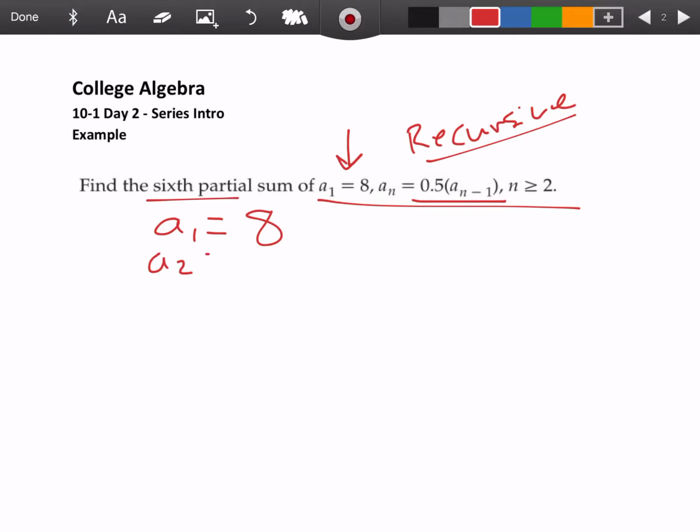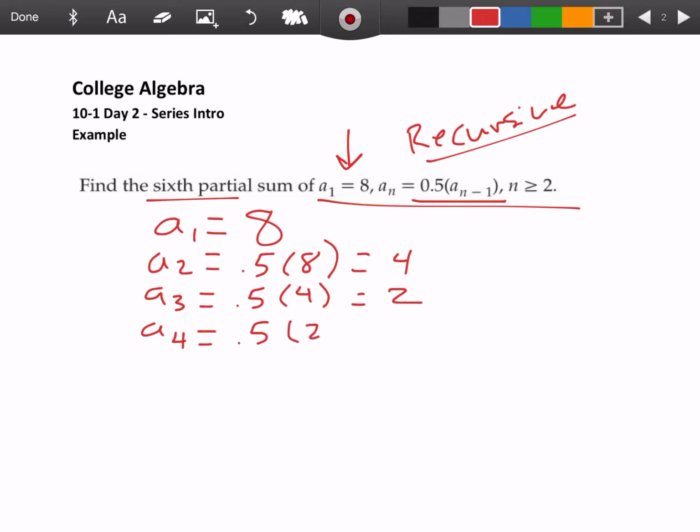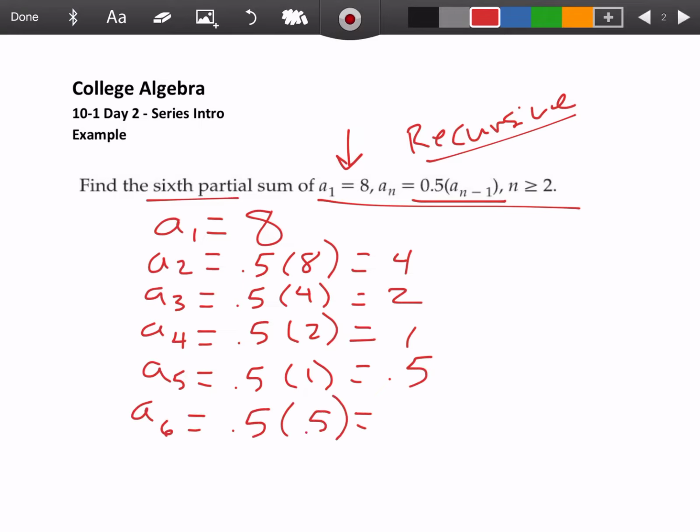So we have a2 is just 0.5 times 8, which is going to be 4. a3, that's going to be 0.5 times 4, that's going to be 2. a4, 0.5 times 2 equals 1. a5, 0.5 times 1 equals 0.5. And a6 equals 0.5 times 0.5, which is 0.25.